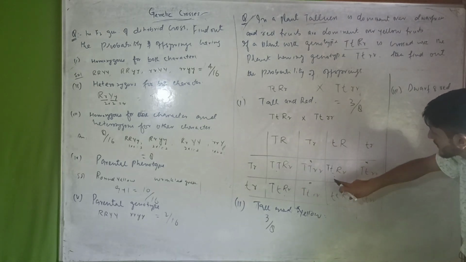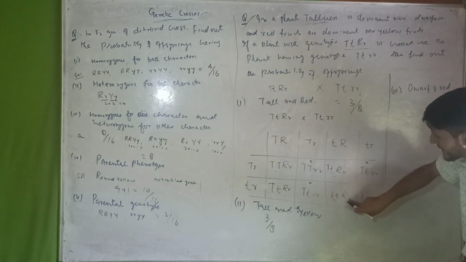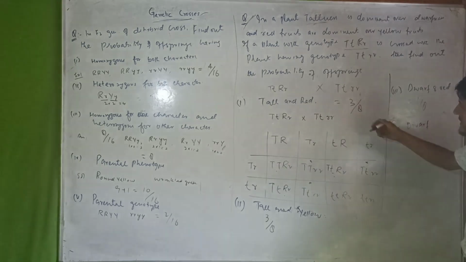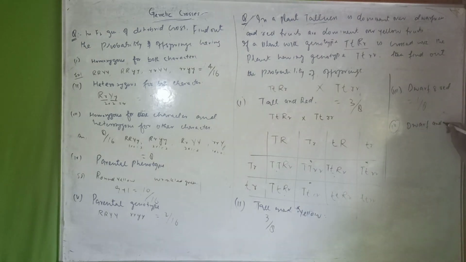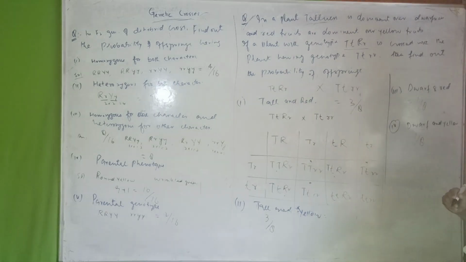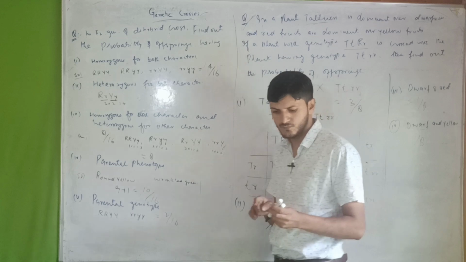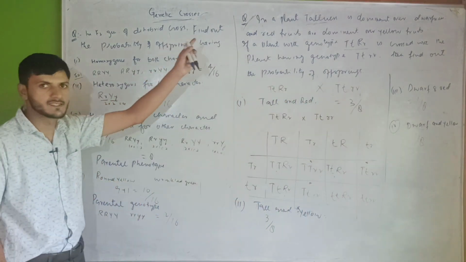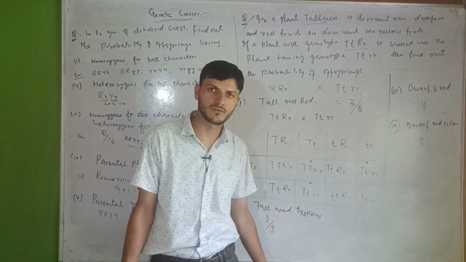Dwarf, small t, red, that's 1 by 8. Then the probability of plants having dwarf and yellow phenotype is again 1 by 8. Got it? Okay. This is how we can solve these kinds of questions.